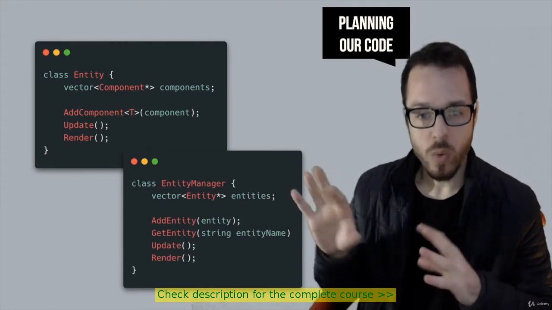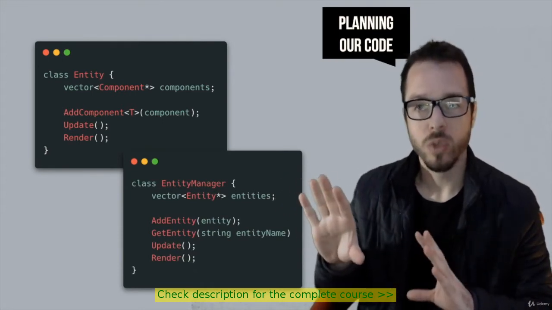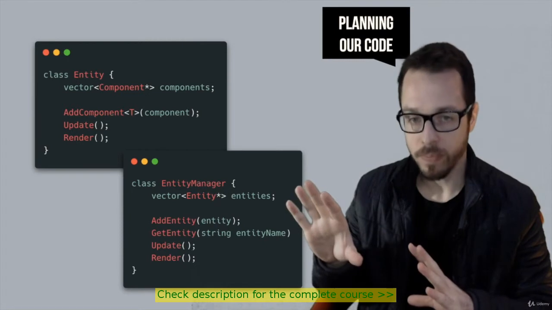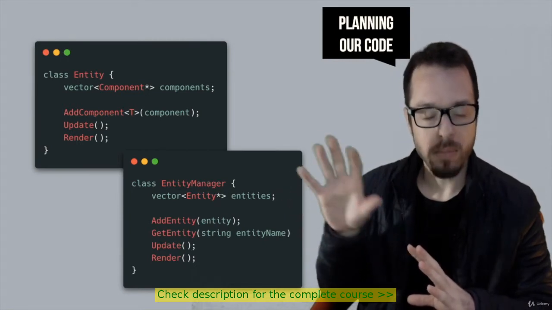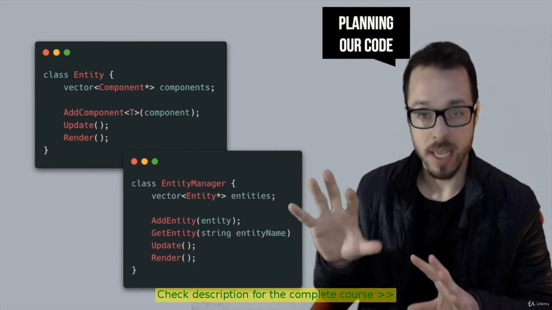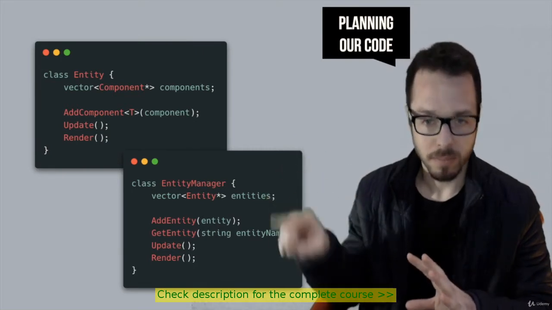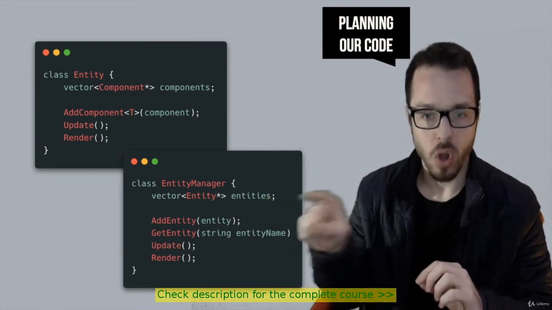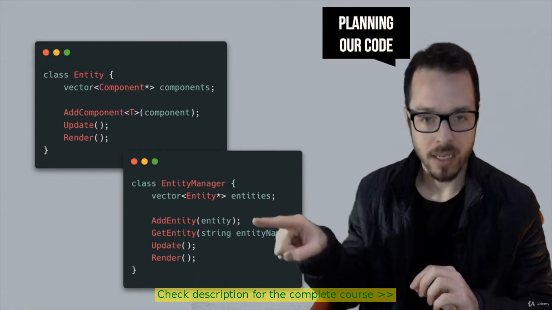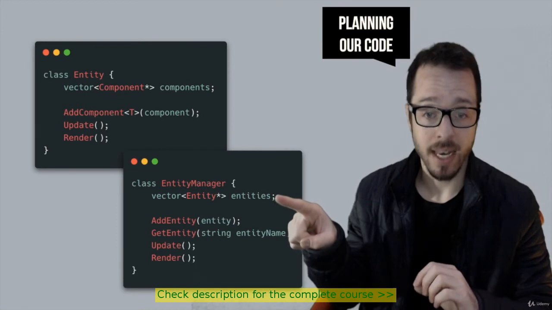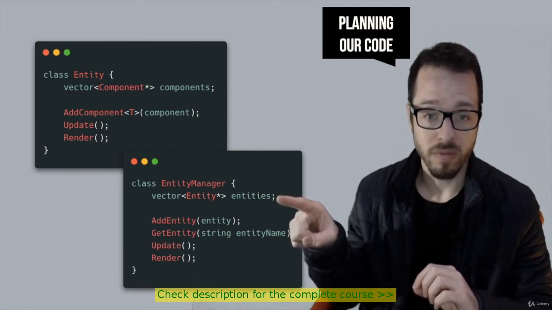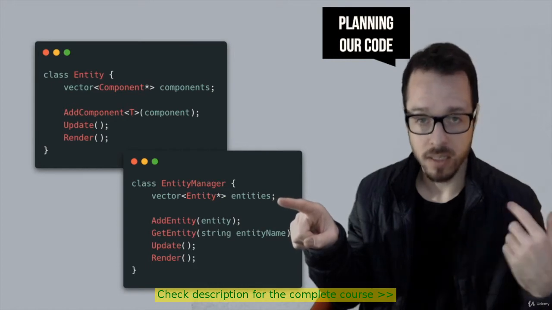I think we need to have also a class which is called the entity manager. And I think I'm putting this entity manager inside my game.cpp, inside my game code, because my game needs to be able to call the entity manager to add a new entity. My entity manager has a list of entities, pointers to entities itself. So vector of entities, a list of entities.